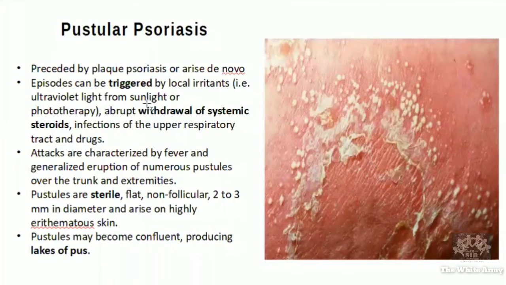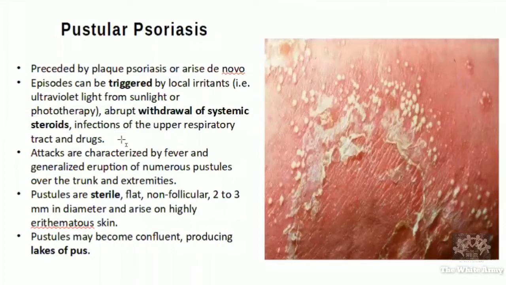And also in case of withdrawal of systemic steroids. First of all, systemic steroids are not given. It's contraindicated in psoriasis because of this reason. Once you start systemic steroids, you cannot stop it. Okay, withdrawal of systemic steroids causes this pustular psoriasis.